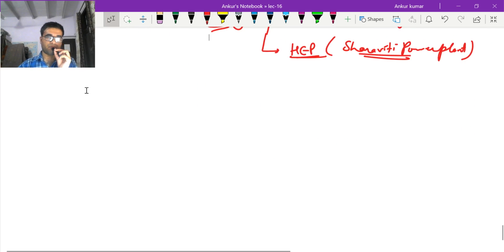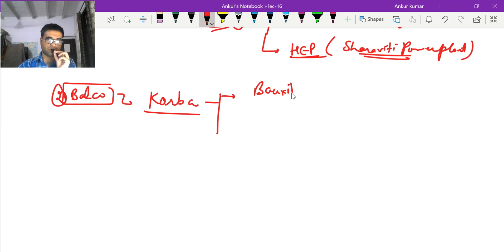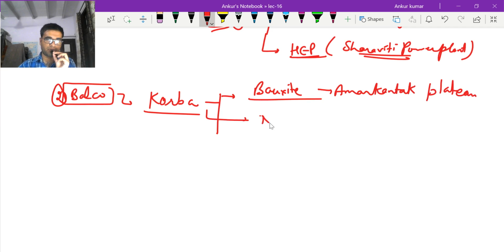Moving on to the next, the Balco plant. The first plant of Balco on this is in Korba. Bauxite is taken from the Amarkantak plateau, and at Korba we have the NTPC power plant, which acts as a source for energy.